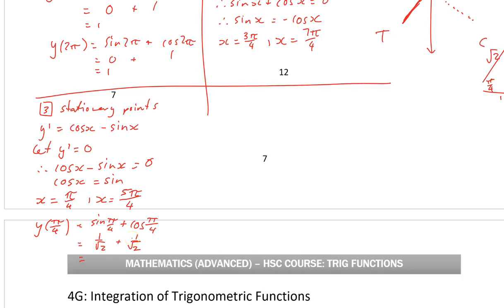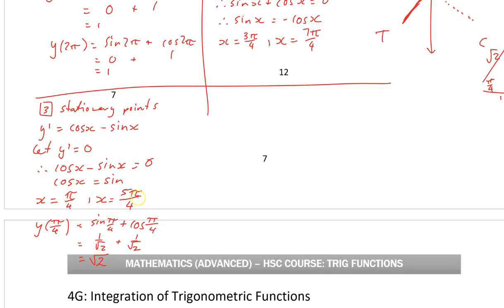Multiply top and bottom by root 2, and I get 2 root 2 over 2, which just equals root 2. You can go back and check the thirds if you like, but that is going to be the value there. So my curve passes through the point pi over 4, root 2.